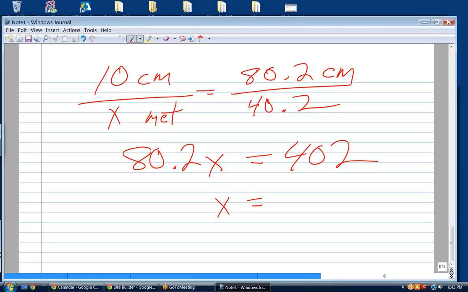Yeah, pretty much 5 if we're rounding to the nearest 10. 5.0? Yep, 5.0124. Okay, somewhere in that area.